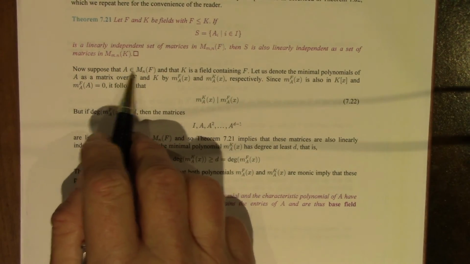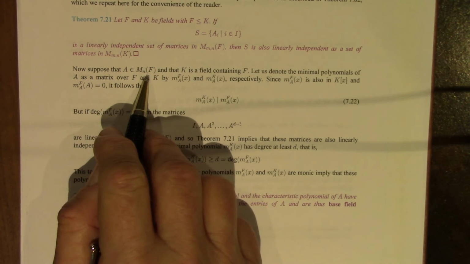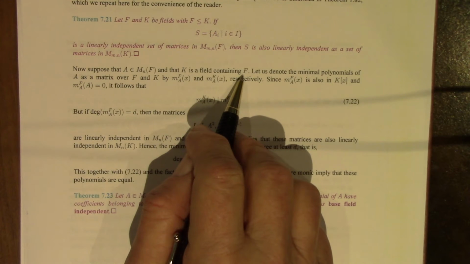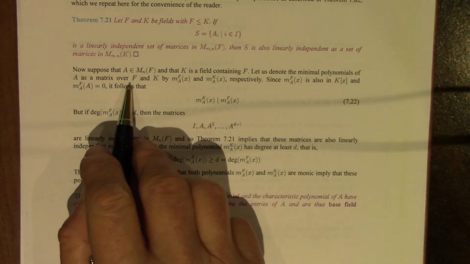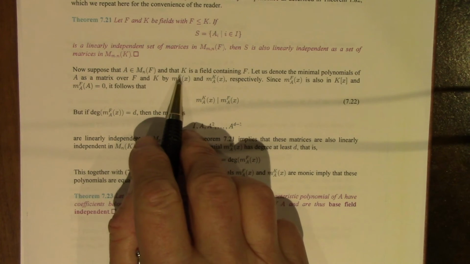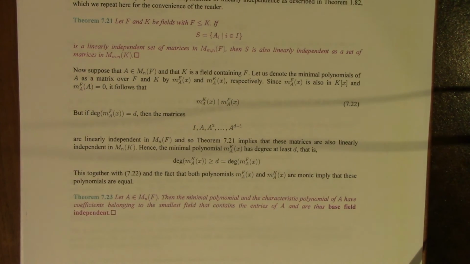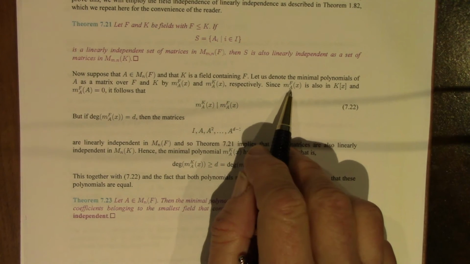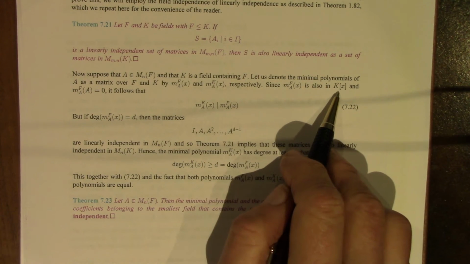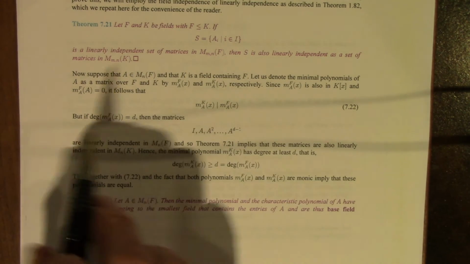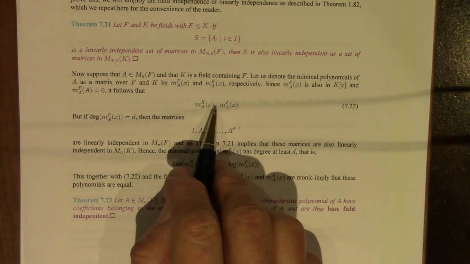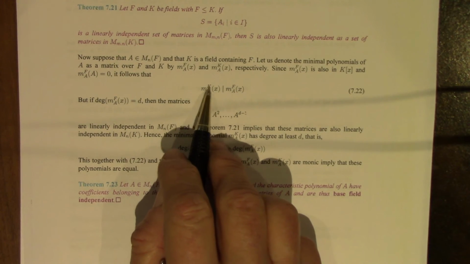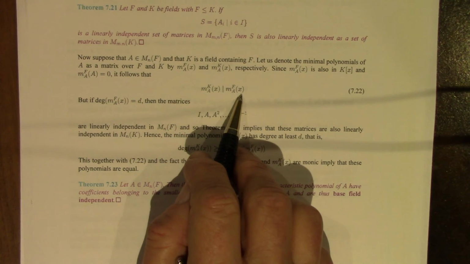Okay, now suppose that we have an n by n matrix A over the field F, and K is an extension of F. And we'll denote the minimal polynomials of A as a matrix over F and over K using the superscript F and superscript K. Now, the F minimal polynomial is also a polynomial in K[x] because K contains F. And the F minimal polynomial is satisfied by A, and therefore by definition of the K minimal polynomial, it will divide the F minimal polynomial.